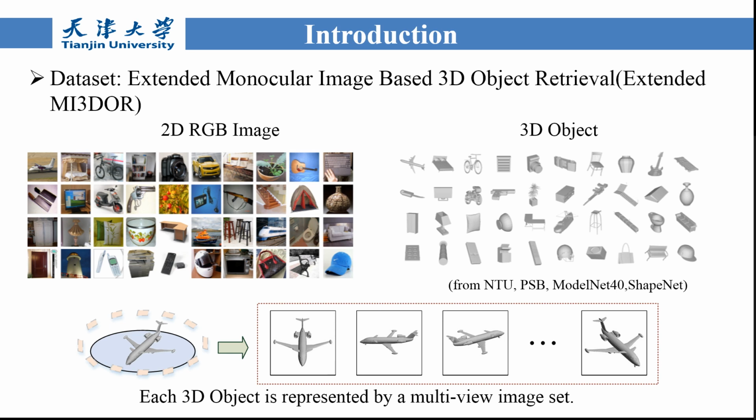One is the 2D RGB images from ImageNet, and the other is the 3D objects from existing 3D datasets, for example, NTU, PSB, ModelNet, and SHREC. We also project the objects into multi-view image sets, so there are two formats for each object.